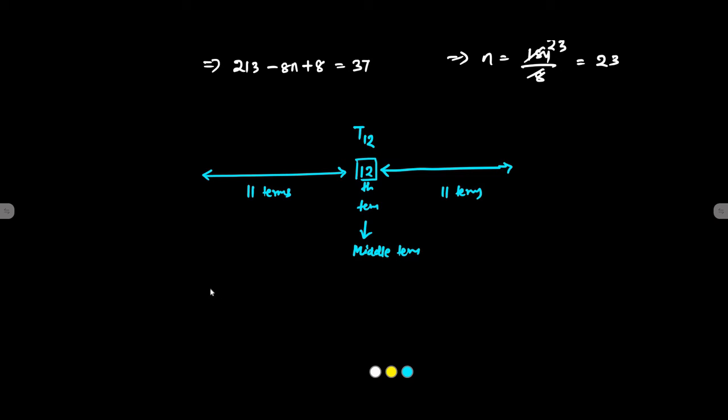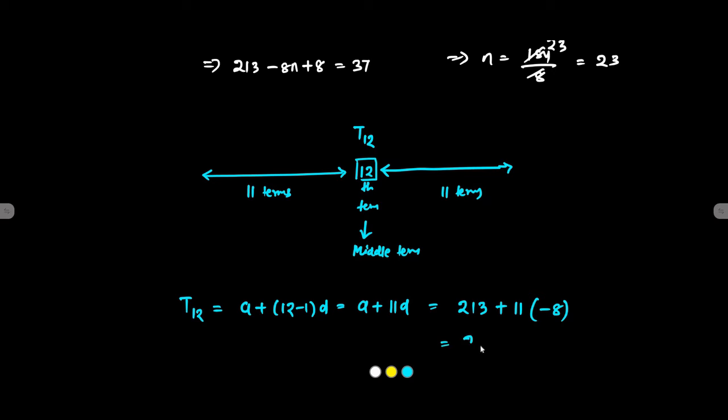So we will find that T12 is basically a plus 12 minus 1 d, which is equal to a plus 11d. So we have 213 plus 11 into the common difference, which is minus 8.